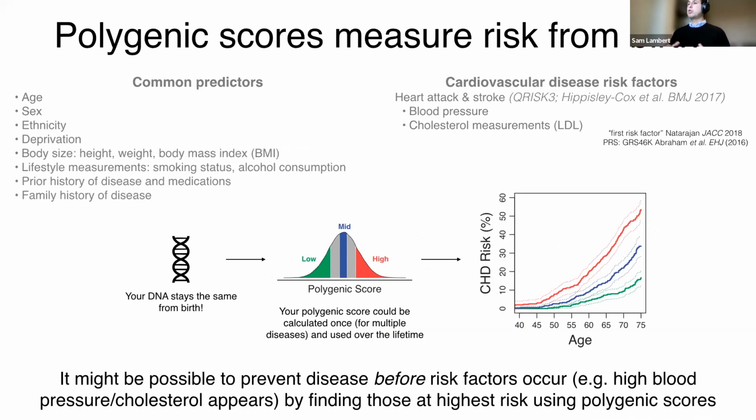And so polygenic scores could have this risk information before you present with these high risk biomarkers in the future.